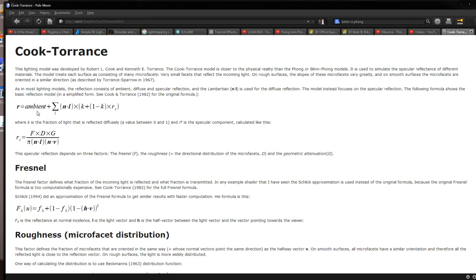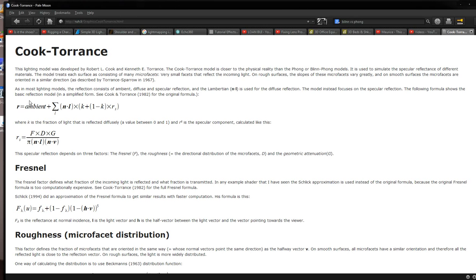So this is a specular lighting model, and it was first described in 1967, but its final form came in 1982.